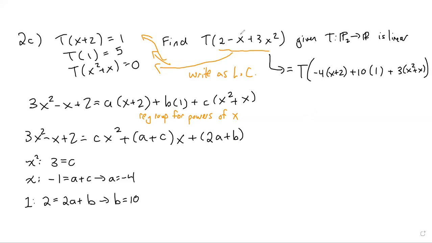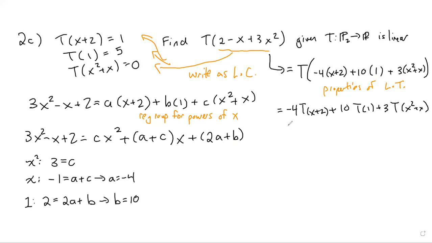And then using the properties of transformations, linear transformations specifically, I can actually expand this thing. So I can pull it apart with addition and constant multiplication. -4 T of x plus 2 plus 10 T of 1 plus 3 T of x squared plus x.